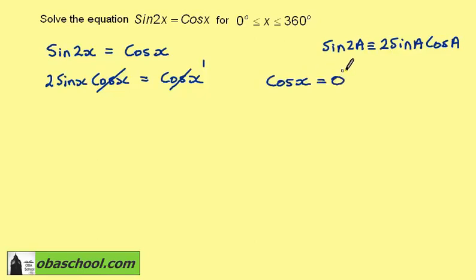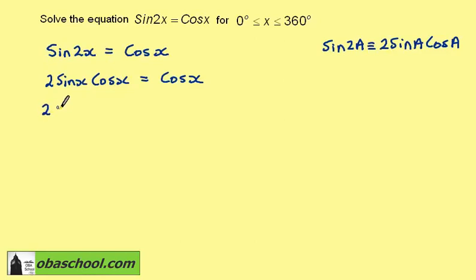If cos x is equal to 0, 2 times sin x times cos x is 0, and cos x is 0, so this is a solution to the equation. And if we just cancel in the way shown, then we would miss any solutions due to cos x being equal to 0. So we mustn't do this.